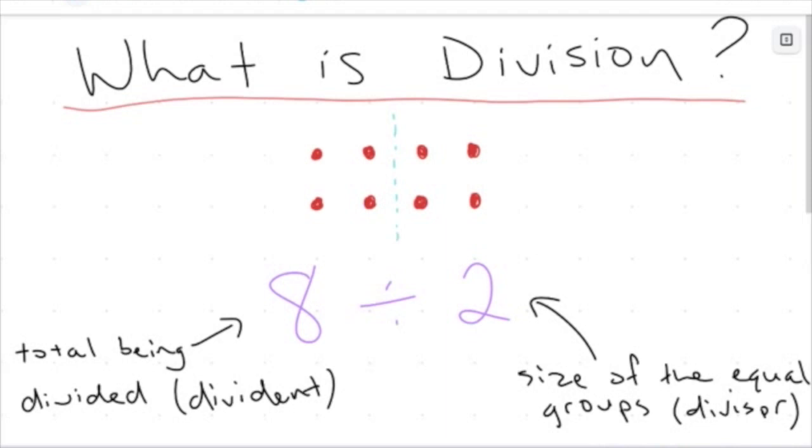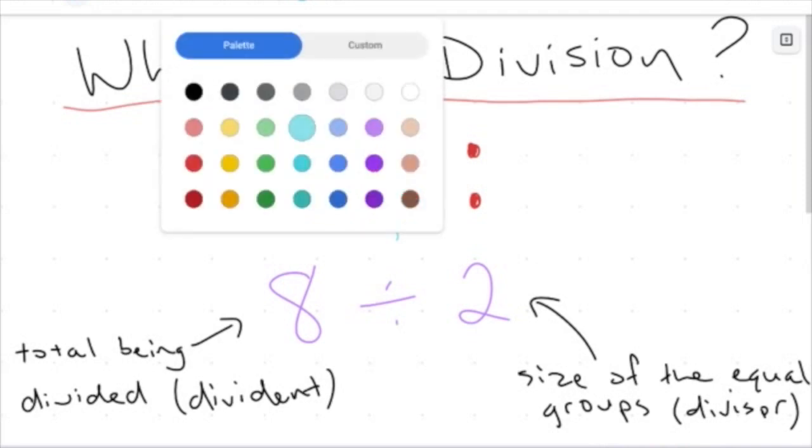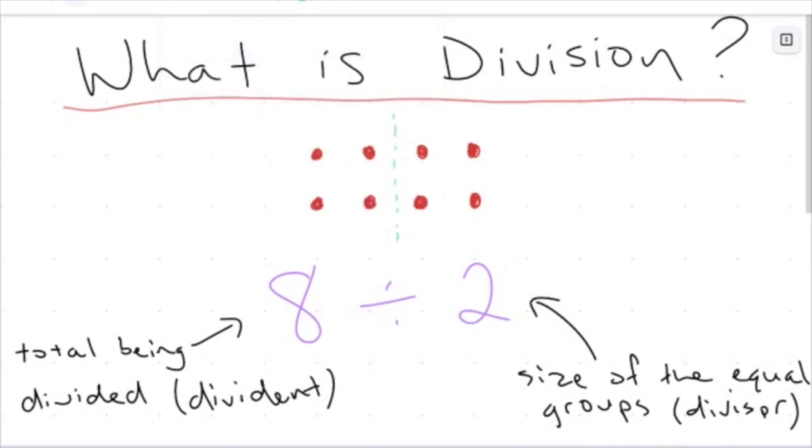A line just cutting in half, and this separates my 8 coins. And you can see on either side of this line, I have 2 equal groups. That's this number here. I've split this 8 up into 2 equal groups.